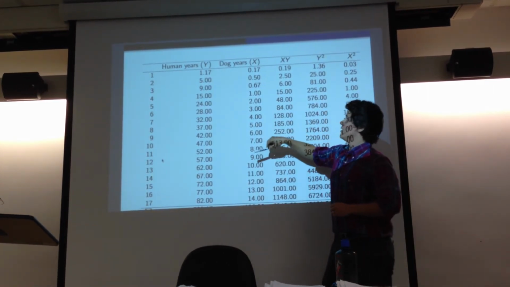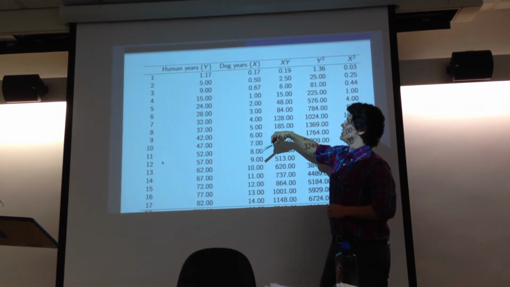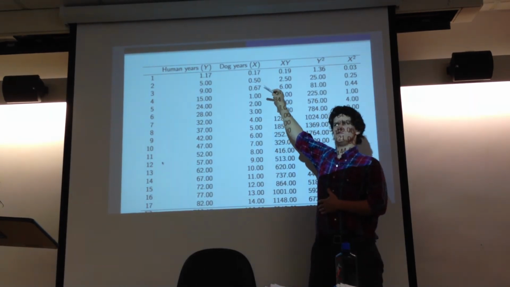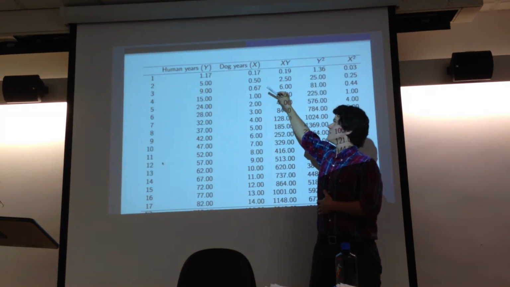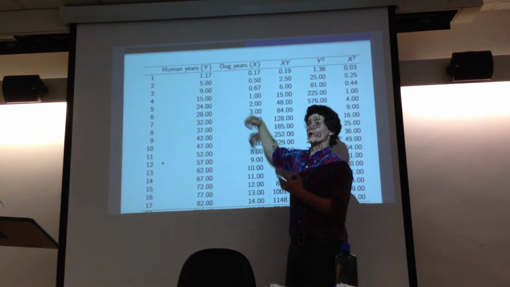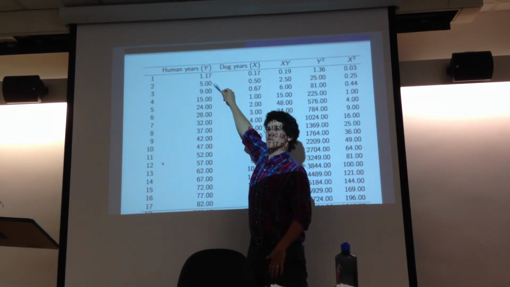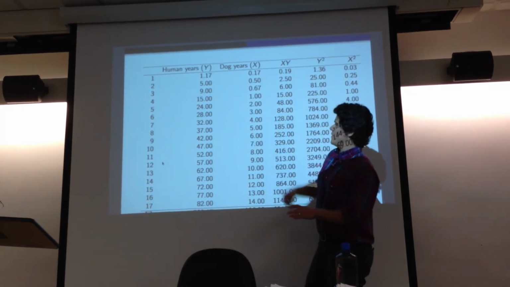So if your dog is 0.17, I think that's like 2 months, that's more equivalent to a 14-month-old child, and so on and so forth.